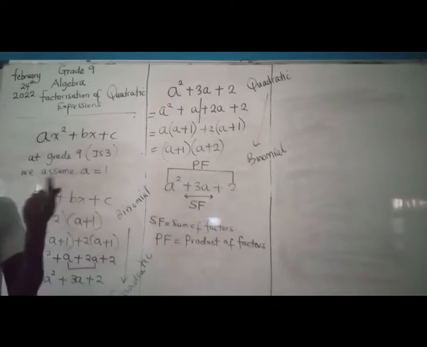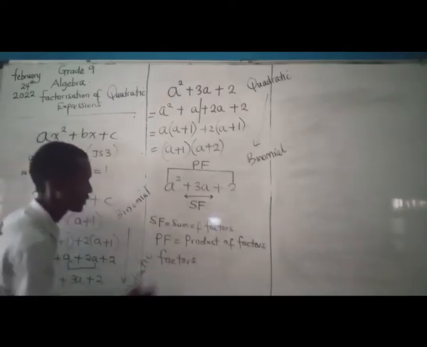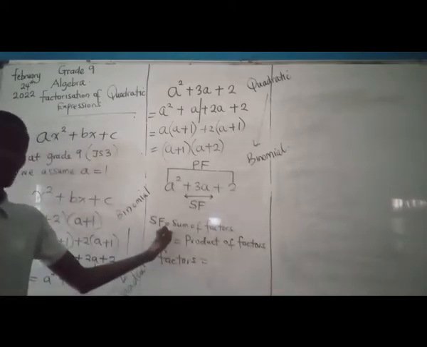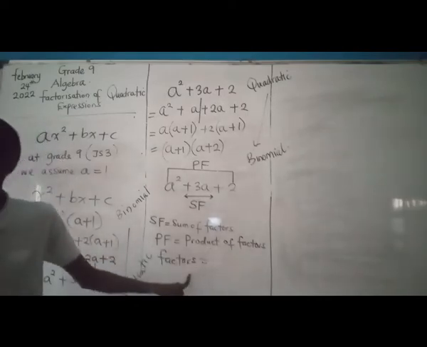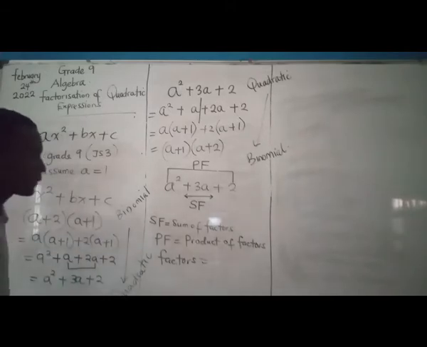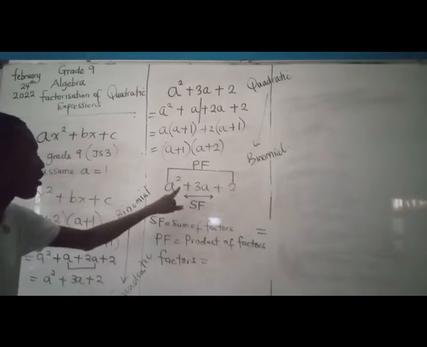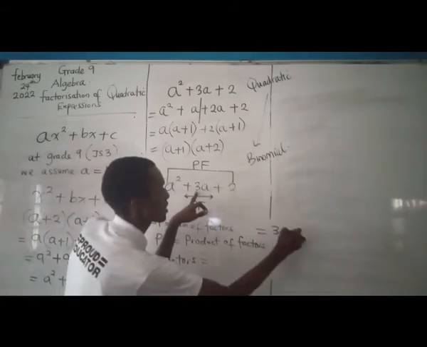Now, what do we now know the factors to be? We have talked about the sum of the factors and the product of the factors. Now, how do we get the factors themselves? If you look at this carefully, the sum of factors in this case is 3a.